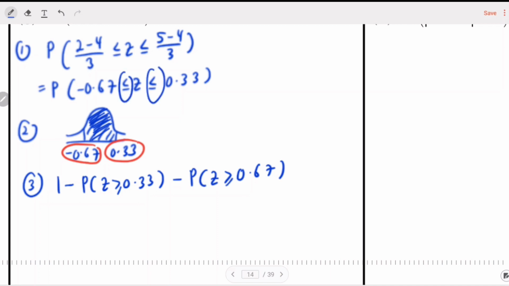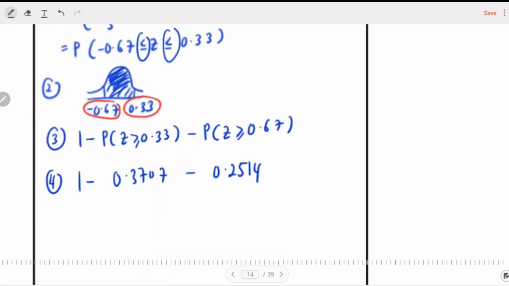Here also equal. Then the last step, read from the standard normal table, and calculate to get the answer.